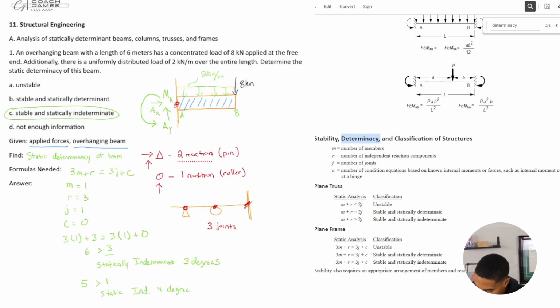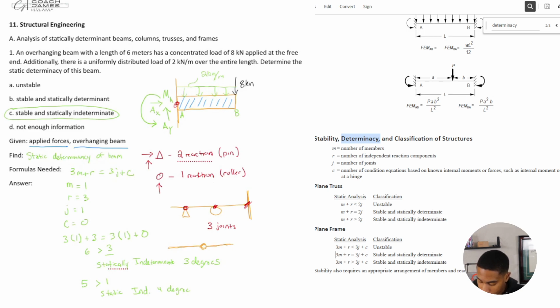Okay. What about for an internal hinge? All right. So if you have a hinge, it's going to kind of look like this, and they'll call it out. They'll say a hinge like this, which they're going to point out.